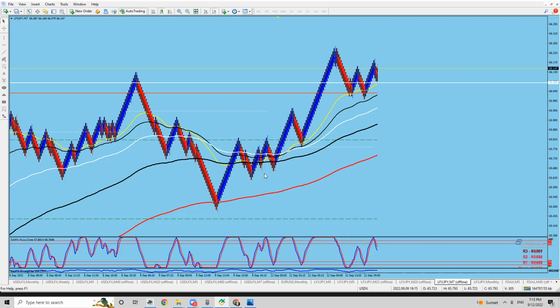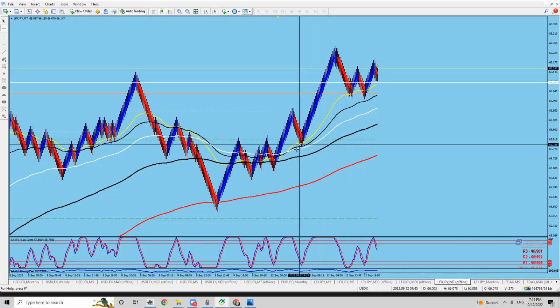As it is above these MAs, which are aligned and bullish. And all of a sudden you see here, it made a big move to the upside, then retraced, and this is where my long setup is. Right after that, I knew that they're going to fly, all yen pairs, right?